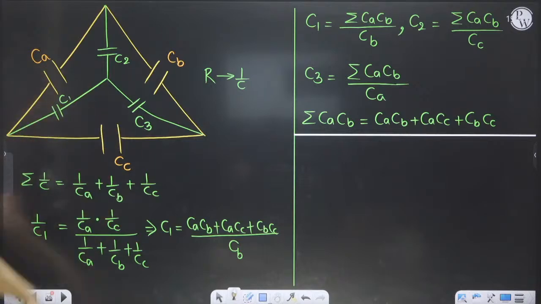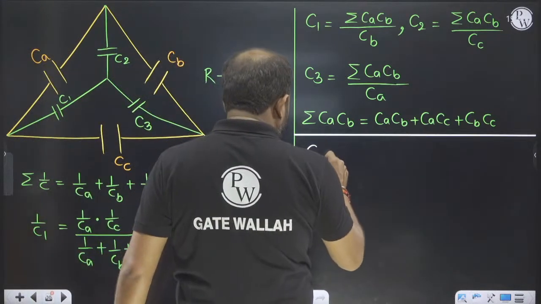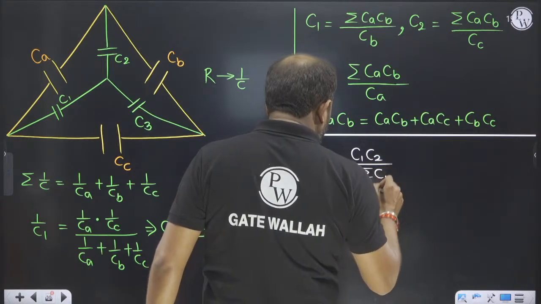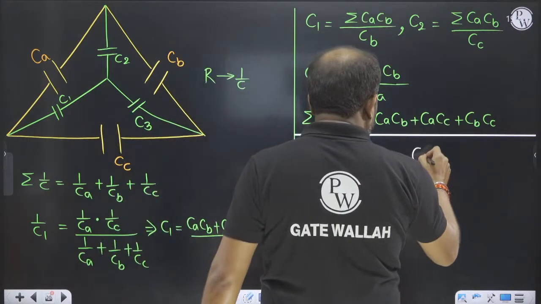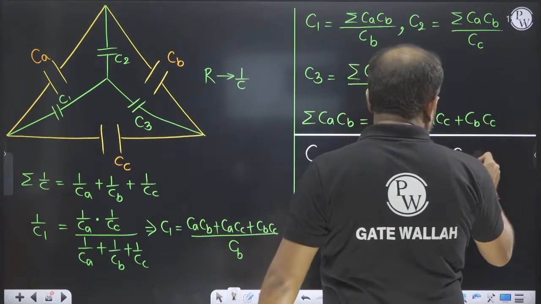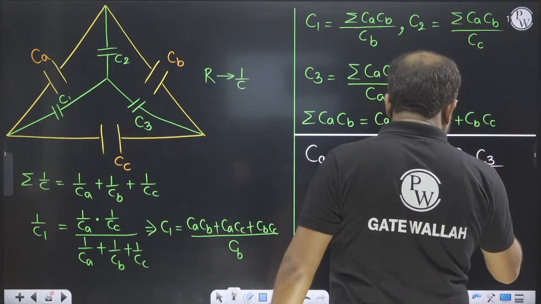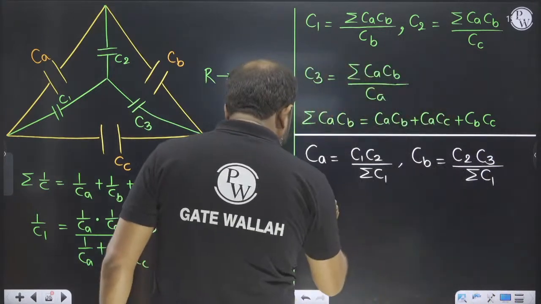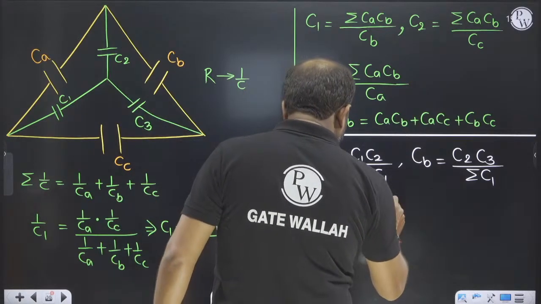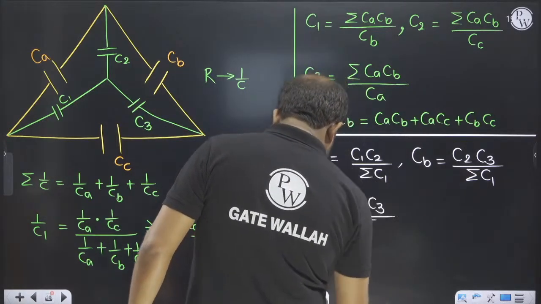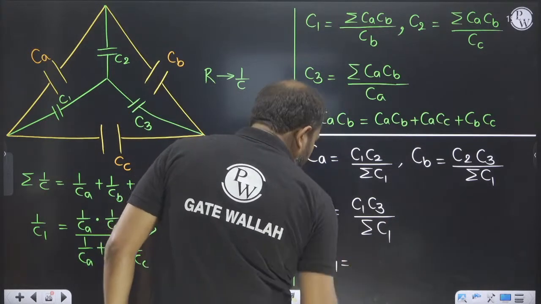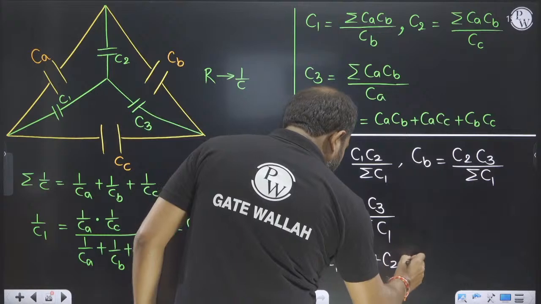So CA is equal to C1 C2 divided by summation of C1, and CB is C2 C3 divided by summation of C, and for CC, C1 C3 divided by summation of C1. Here summation of C1 is equal to C1 plus C2 plus C3.